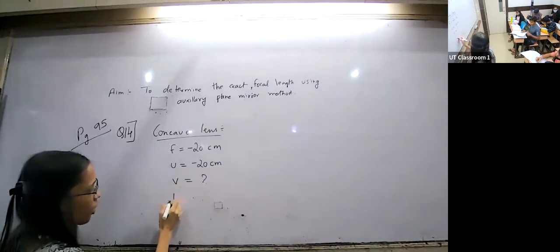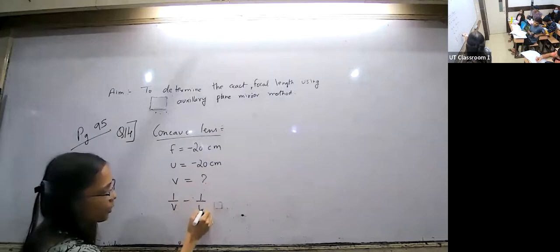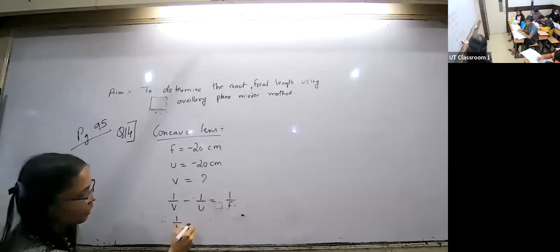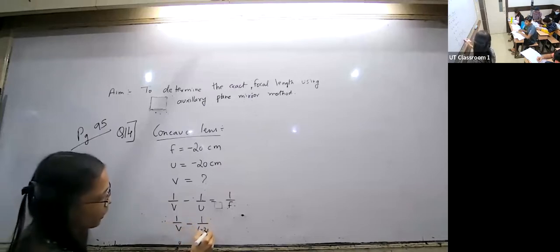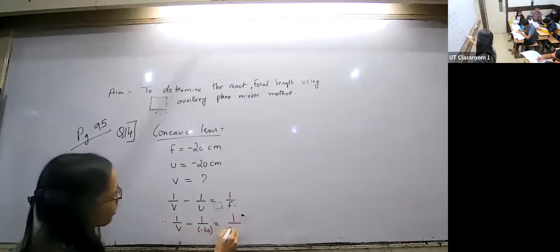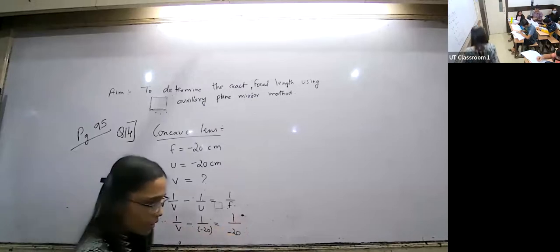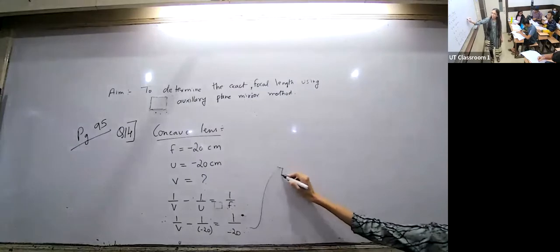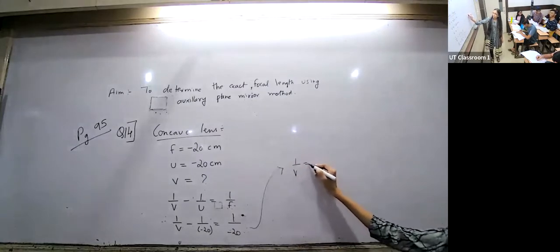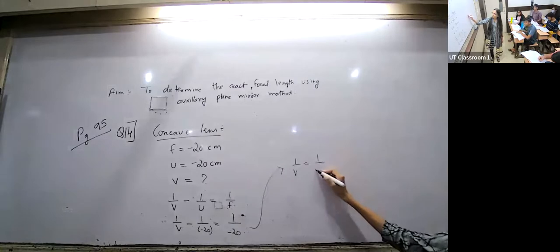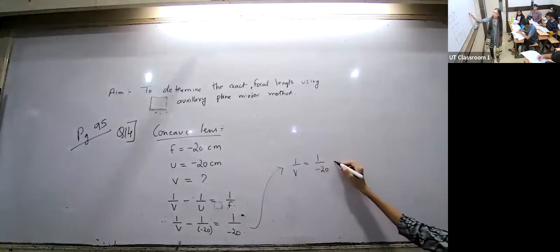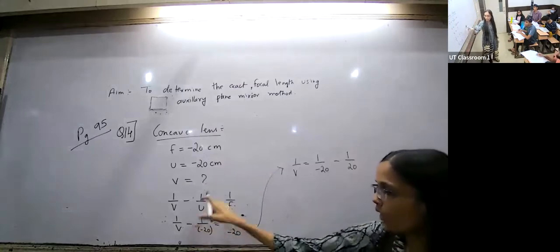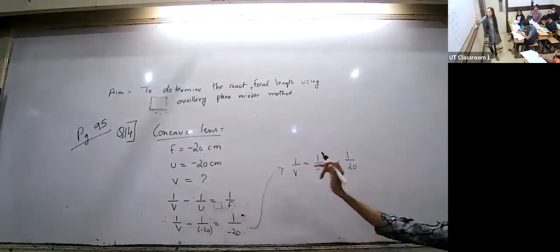So let's use the formula 1 by v minus 1 by u is equal to 1 by f. So 1 by v is to be found, u is minus 20, magnification is 0.5. 1 by v is equal to 1 by minus 20 minus 1 by 20. When it goes to this side, it becomes minus.